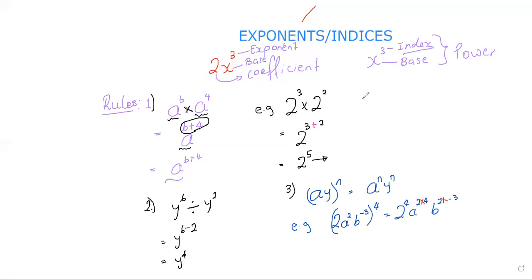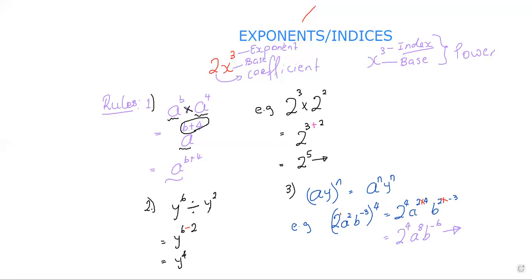And then that will give you 2 to the power of 4, a exponent 8, b to the minus 12. So what this actually means is that the exponent outside the bracket multiplies each and every exponent. Don't forget that this is 2 to the power 1.